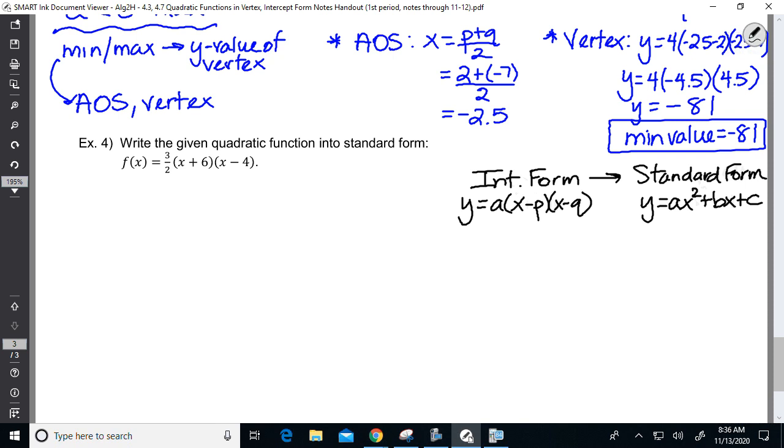So you have 3/2 times x plus 6 times x minus 4. So I'm going to start with the parentheses, because that's what order of operations tells me to do anyway. 3 over 2 parentheses x squared negative 4x plus 6x is 2x minus 24.